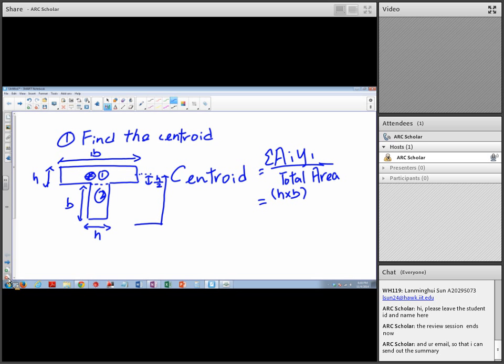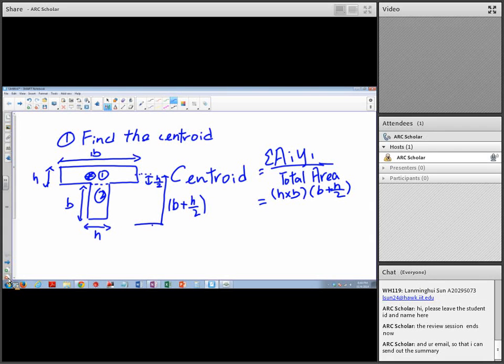We know the middle is h over 2. So the total distance here is b plus h over 2.